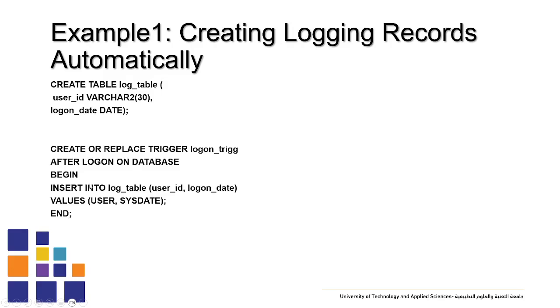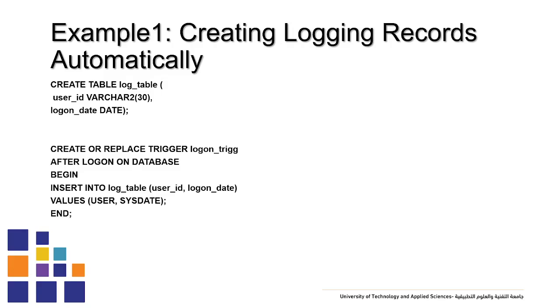So this INSERT INTO log_table, which is our table name itself, is a statement that will add a new record, right? Each time the trigger fires, a new row will contain the user ID, the ID of the user who has logged in.